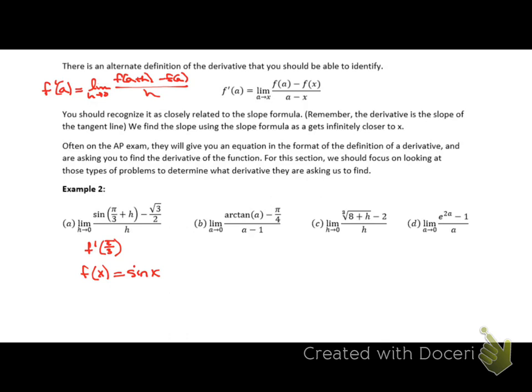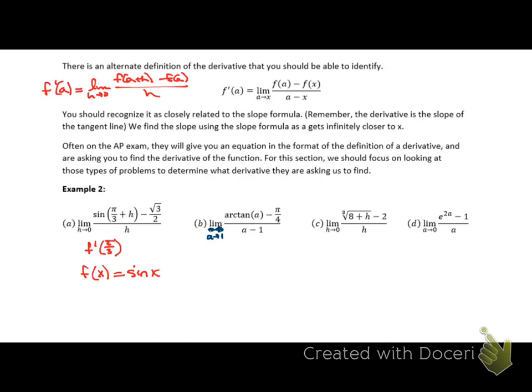For b, sorry, this is a typo. That should be a 1. a is approaching 1, not 0. We're finding the limit as a approaches 1. Well, if it's a minus 1, and we're plugging it in, then that means we're using that top equation, the one on this page, the new equation, where it's f of a minus f of x.